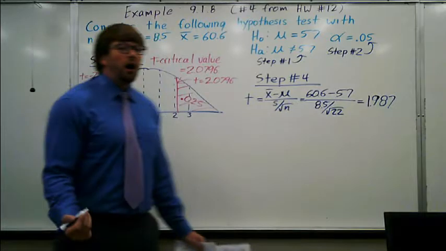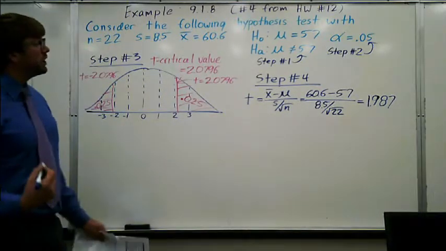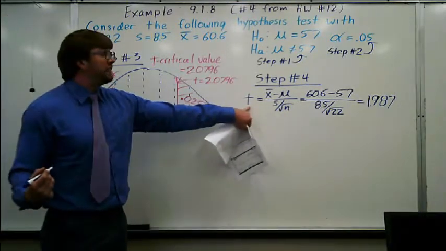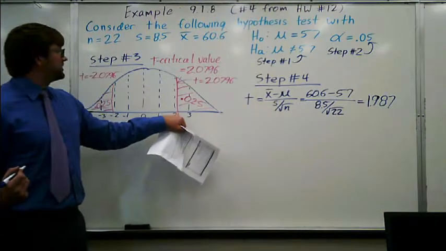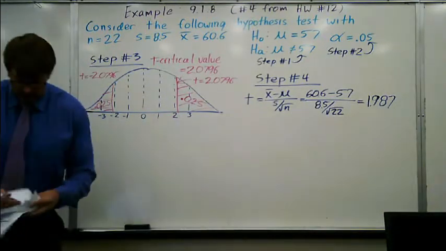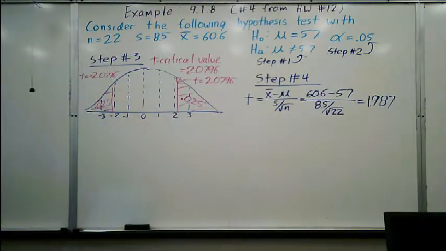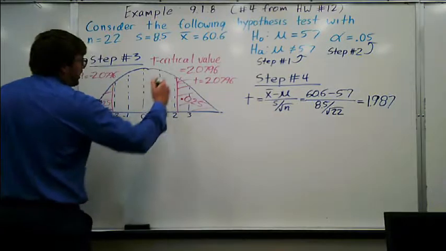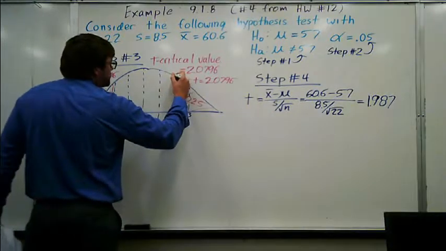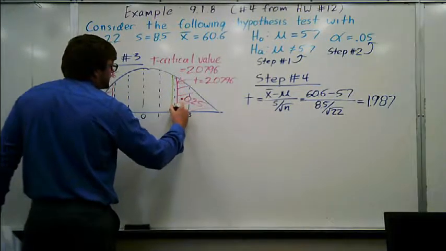Now, all that we have to do is look where our t-value falls in relation to these rejection regions. And in our case, our t-value is going to fall just to the right of positive 2.